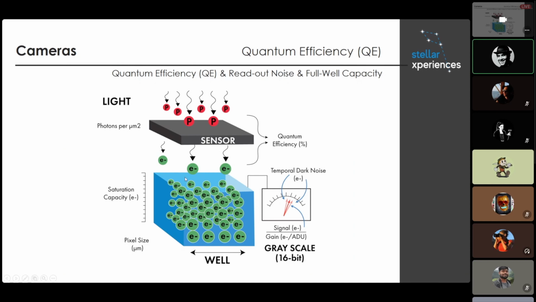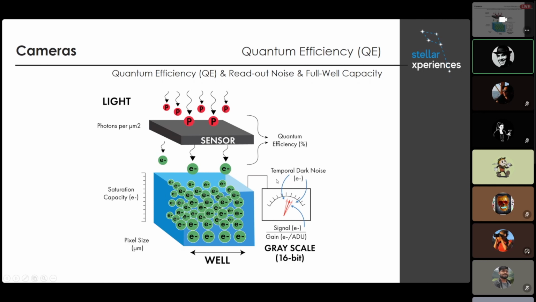And also here we can see that when the electrons are collected, they are measured by a voltmeter. And if you studied science, you all will know that every measuring device has a measuring error. So every time this number of electrons is measured, this device is going to make some error. And that error is called readout noise.